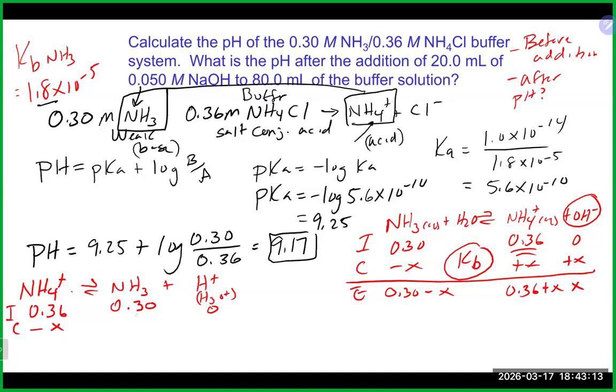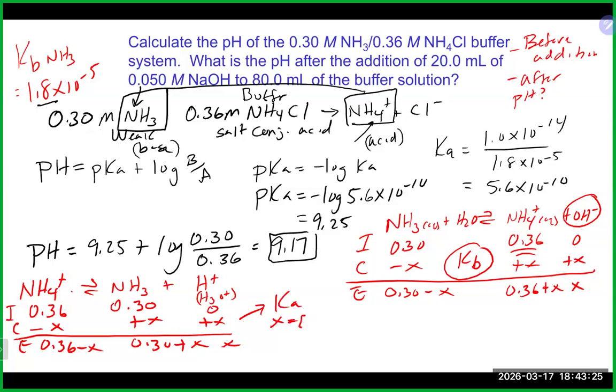This would be minus X, plus X, plus X. 0.36 minus X, 0.30 plus X, and X. This would go into your Ka. When you solve for X, it would equal your H plus concentration. So on this particular one, you do have a variety of ways that you could do it. Any questions on that first part there? And obviously here you can put the water in and get the H3O plus on the other side as well if you chose to do so.